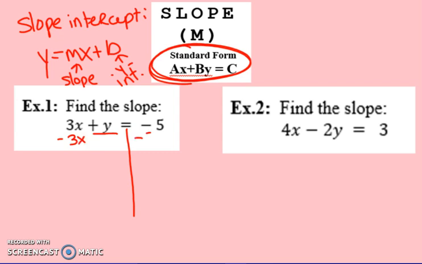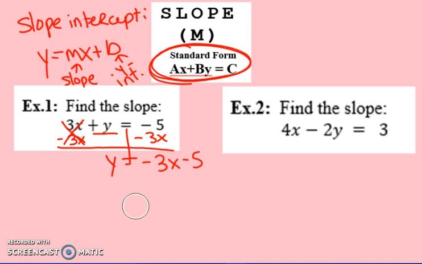So I'm going to subtract 3x on both sides. Those 3x's canceled, and I'm left with y equals -3x minus 5. Please keep in mind when you write these problems, you always want your variables to come first. So make sure -3x comes before -5. Now that I have it in slope-intercept form, I can easily look at it and say -3 is my slope.